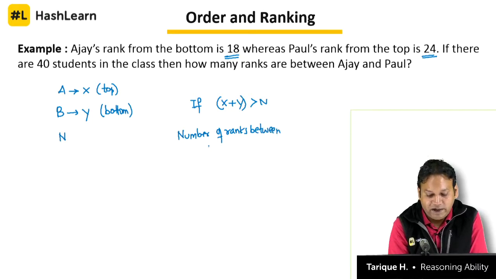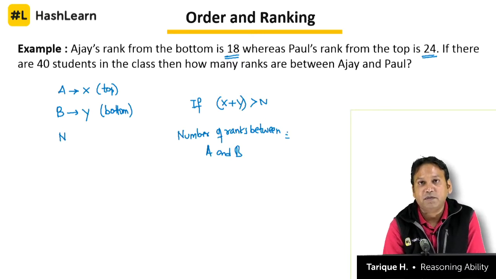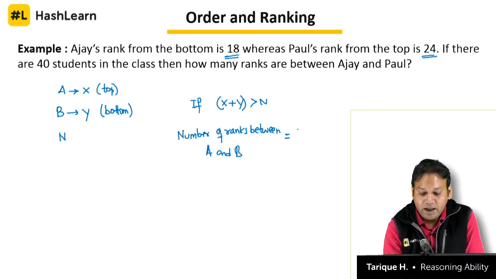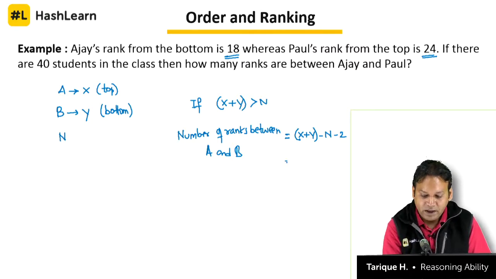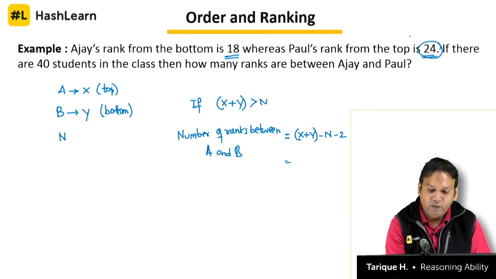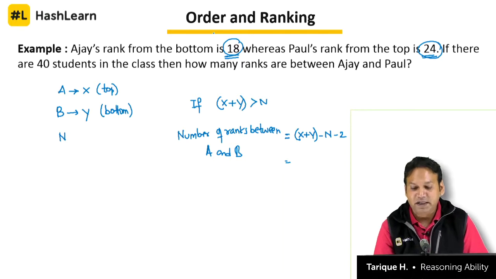What did we see earlier? The sum of ranks X plus Y minus the number of students minus 2. So if you know this, it is just a matter of seconds. X plus Y, 24 plus 18. How much is 24 plus 18? 42.